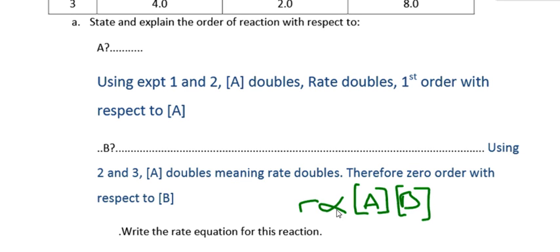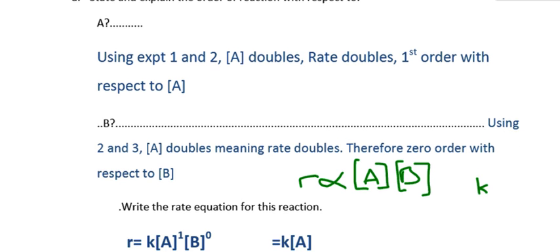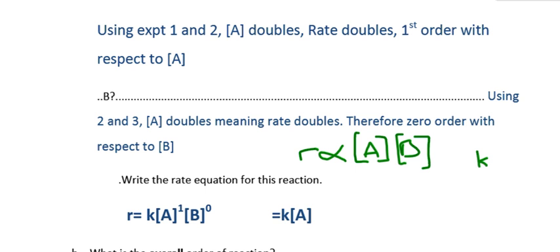Now, to get from being proportional to an equation, what we need to add is a rate constant. And so we add little k. And so for this particular reaction, I can write the rate equation as rate is equal to k, the concentration of A and the concentration of B.